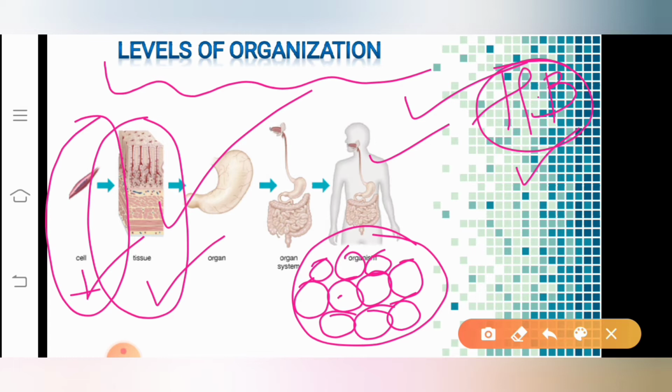Each group of cells, for example, the group of cells present in the nervous system, the group of cells present in the respiratory system, perform different functions. Each group of cells performs various functions.